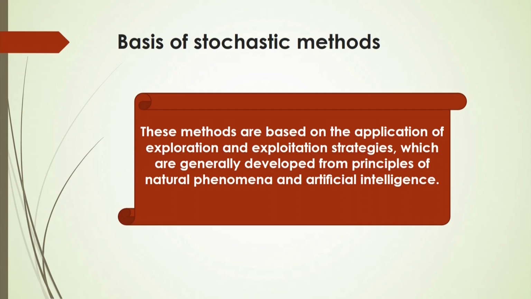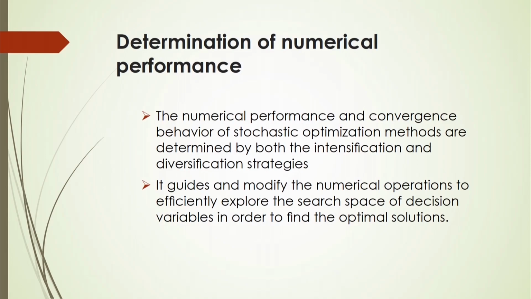Actually, these methods are based on the application of exploration and exploitation strategies, which are generally developed from principles of natural phenomena and artificial intelligence. So, this was the basis for stochastic methods.